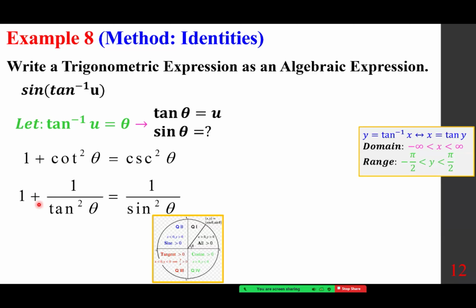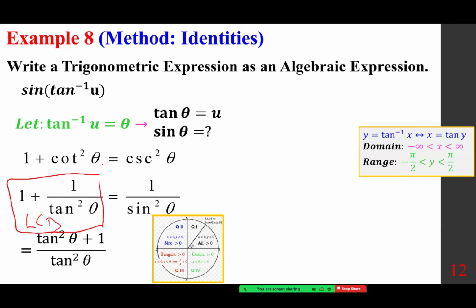The left-hand side, I can take the LCD, and it becomes tan squared plus 1 over tan squared. So take a common denominator. So 1 over sine squared is the left-hand side. If you write the reciprocal of the left-hand side, it becomes sine squared. So in other words, flip this one over, you get sine squared.